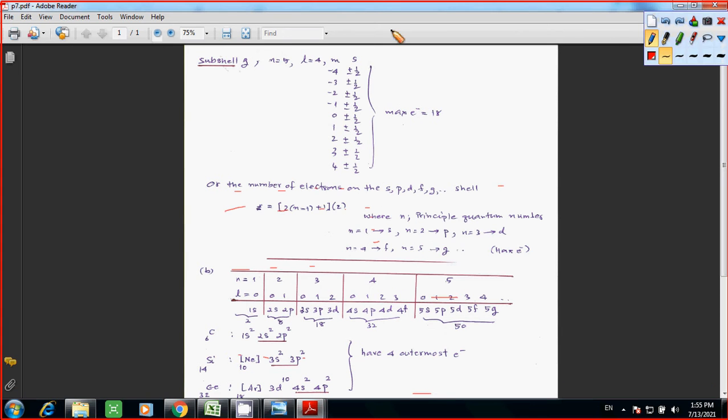Same for subshell g, n equal to 5, where the maximum number of electrons is going to be 18. I can simply write the number of electrons on the s, p, d, f, g subshell as 2 times (2L plus 1).